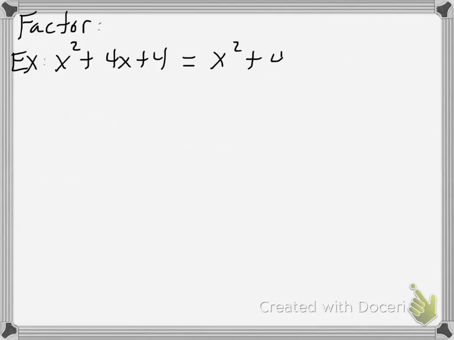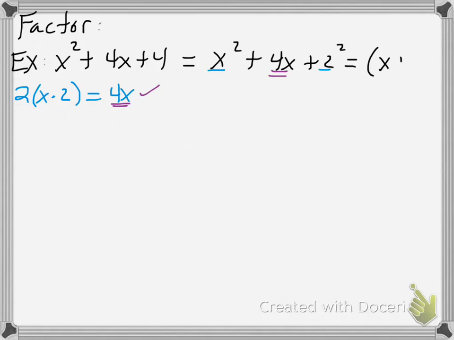So x squared plus 4x plus 2 squared, just rewriting it. You don't have to do it this way, but I'm just being extra careful. So your two bases are x and 2. If I take twice that, I get 4x, and that is exactly the linear term. That tells us it's a perfect square trinomial. And we get x plus 2 quantity squared.